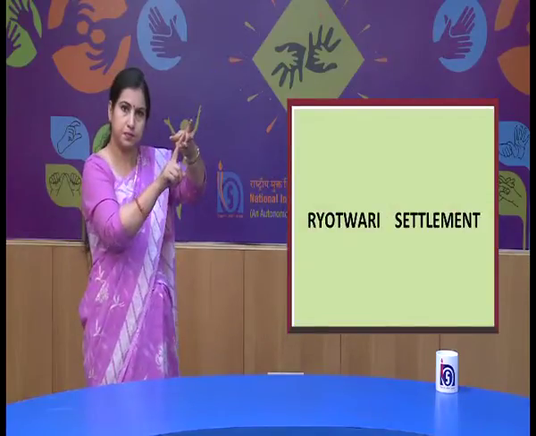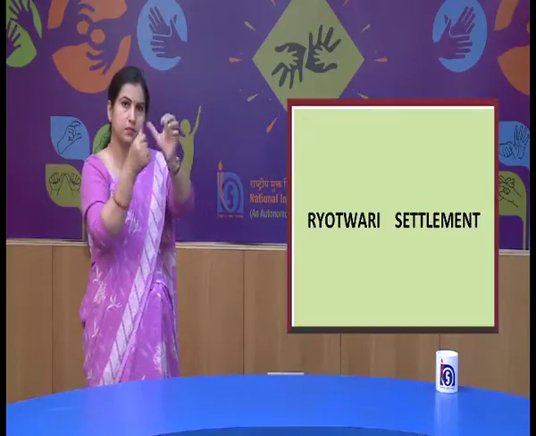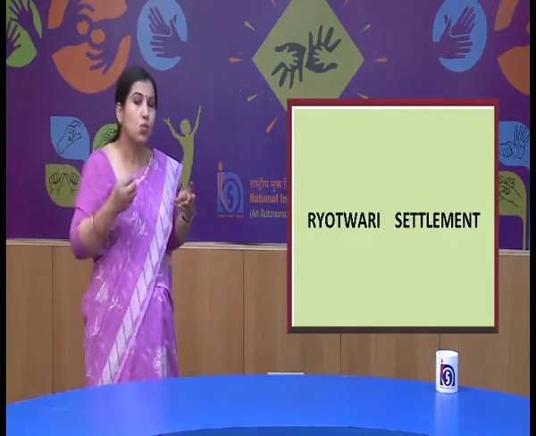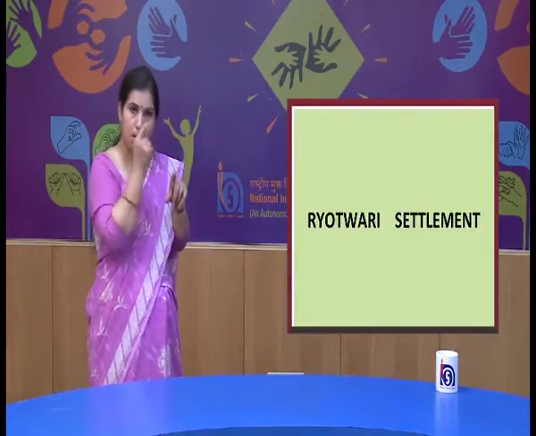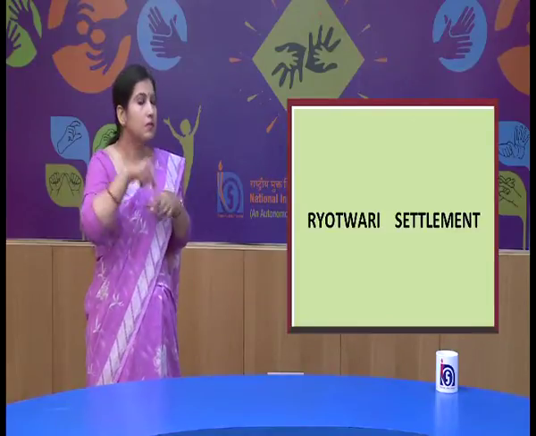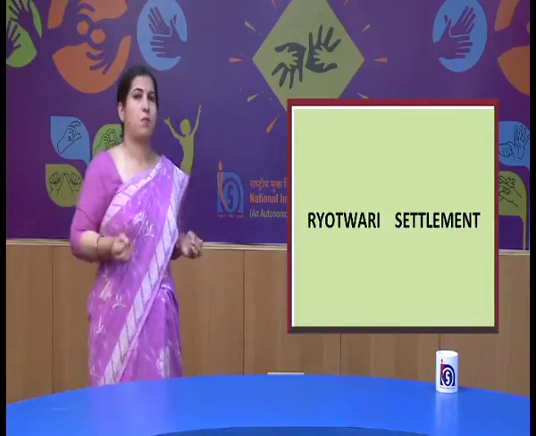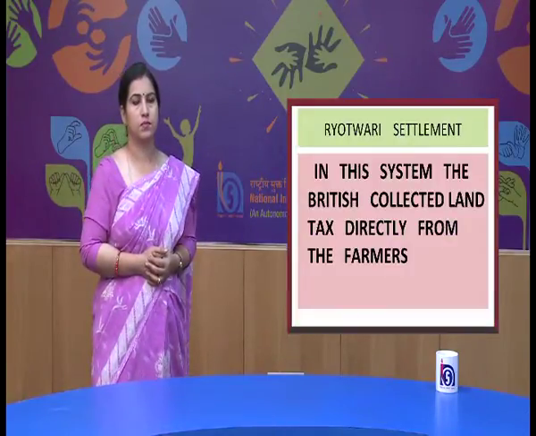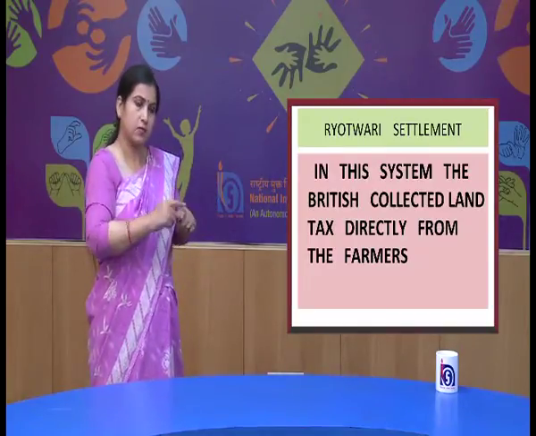The Ryotwari was another system of land revenue settlement. This system was introduced in parts of Bombay and Madras during early 19th century. Here the land revenue was imposed directly on the ryots.